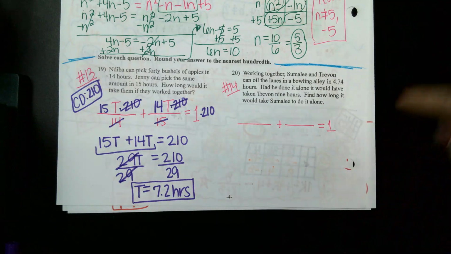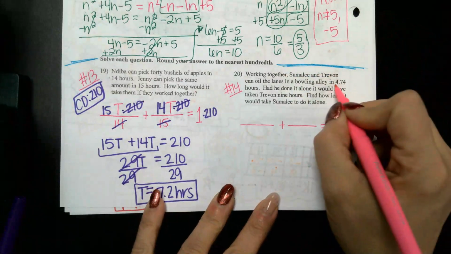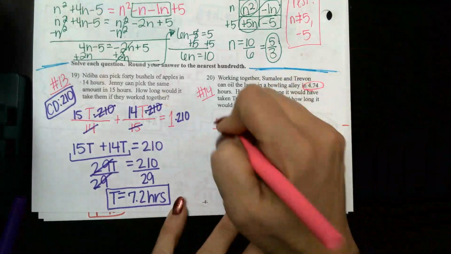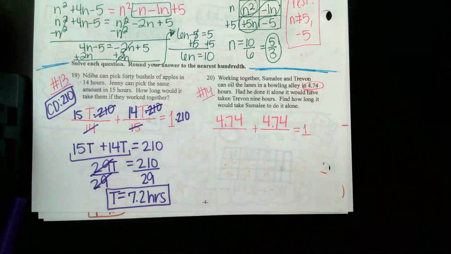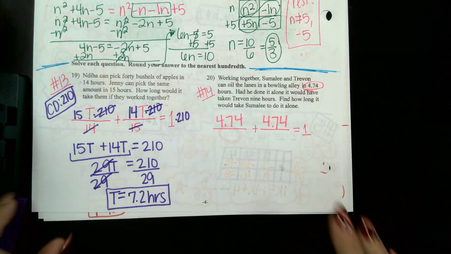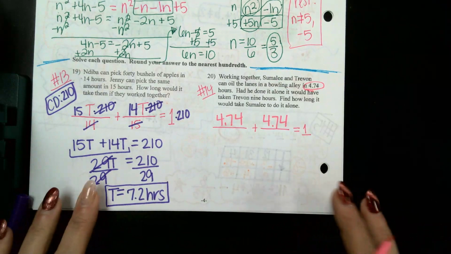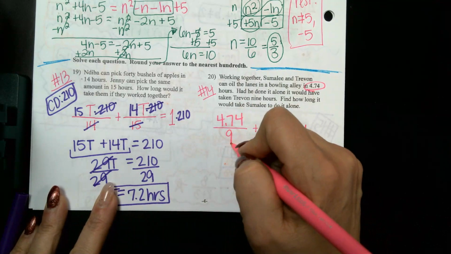So then for the other problem, working together, it would take 4.74 hours. So the 4.74 is how long it takes them together. So that goes up top, and it would be on top of both fractions. Let's see. Trevin by himself is 9.